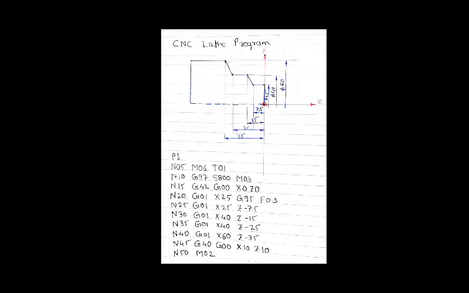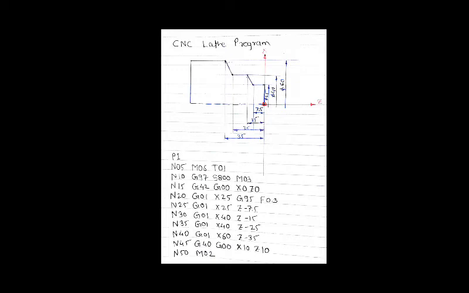Then the next block is N45, G40, G00, X10, Z10. That means we are going to move the tool to a safe position, but G40 is for the change we have made, that is we set the tool radius compensation on.